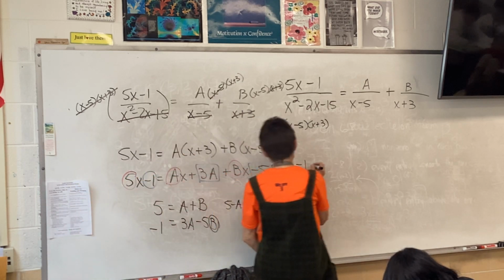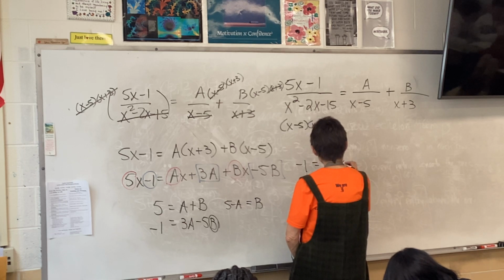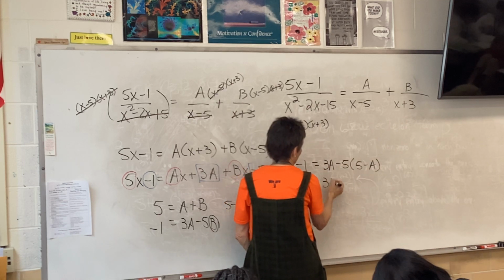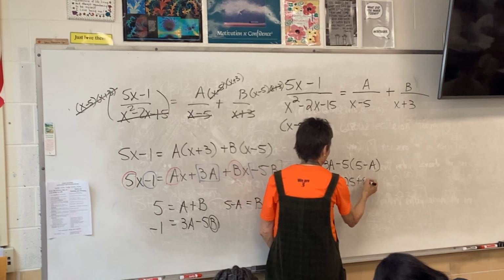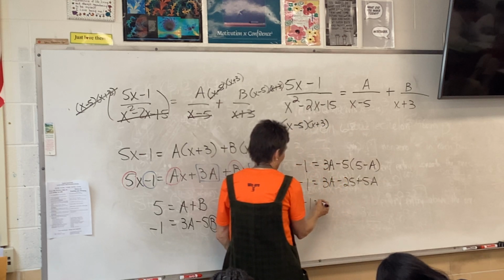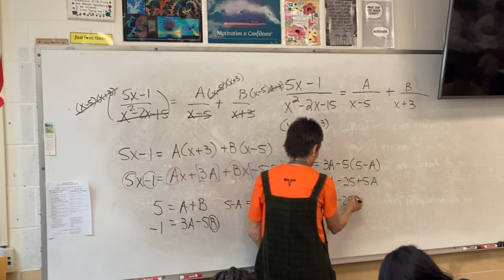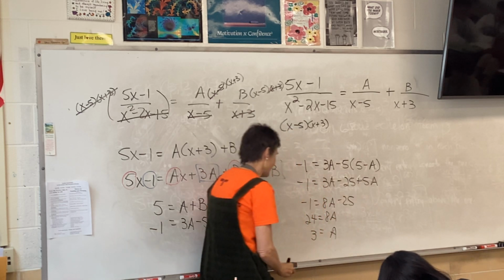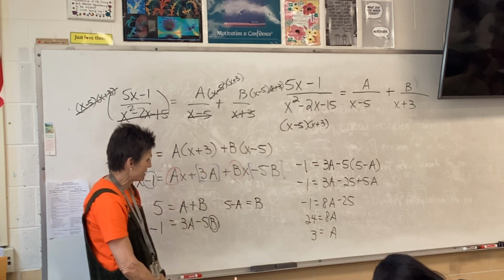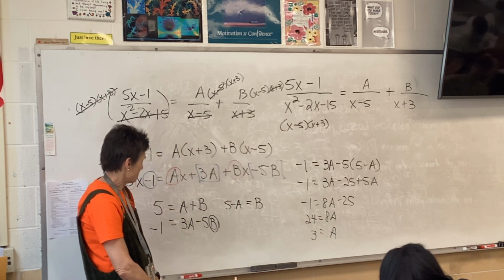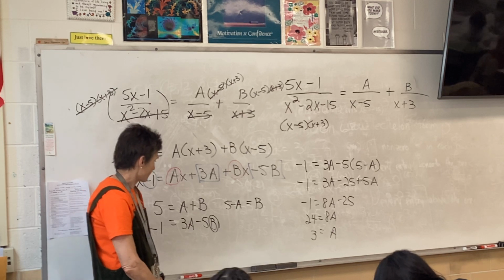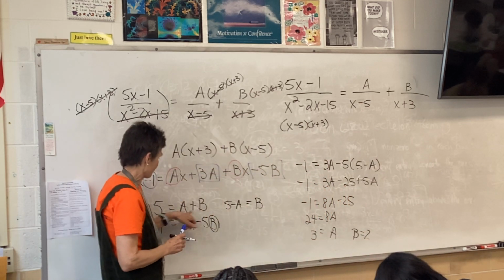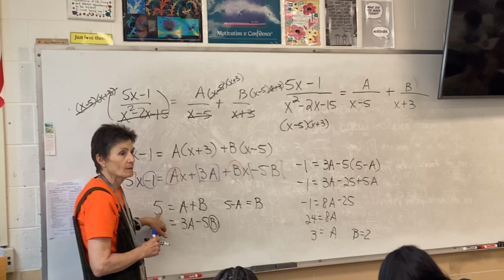So -1 equals 3A minus 5 times 5 minus A. Hopefully you're getting the same thing I am. I got A equal 3. And if A equals 3, then B has to equal 2 because they gotta add up to 5.